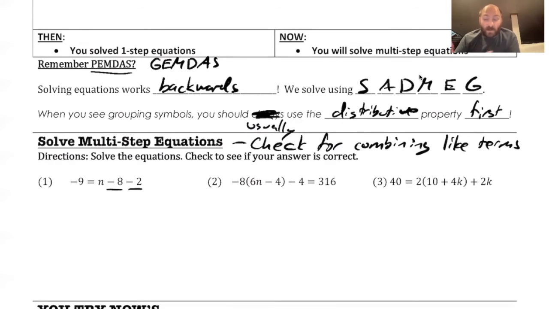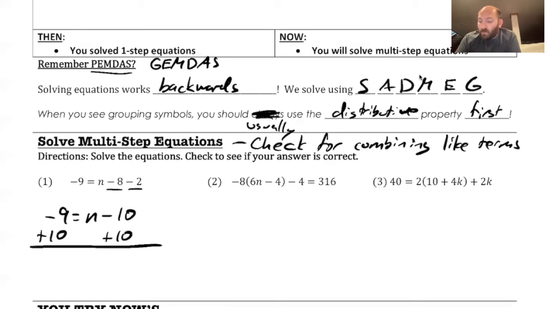That's my first step. So I'm going to have -9 is equal to n minus 10. After that, now we have one variable and everything else in the equation. My next step is to just undo that subtraction of 10. So I'm going to add 10 to both sides of the equation. So -9 plus 10 is going to be +1, and that will equal n.